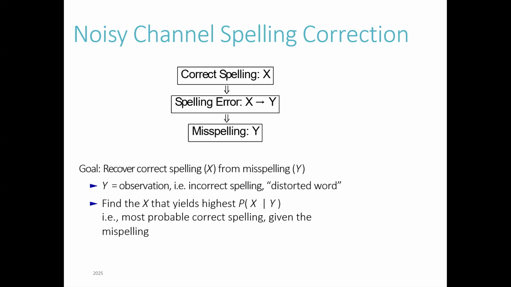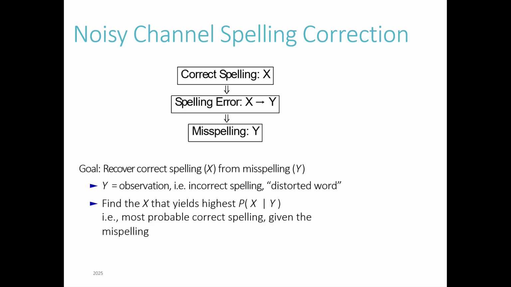Or, working backwards, what is the most probable of all the possible correct words, given that all we can observe is a misspelling? And that's our noisy channel, right? We don't know what the intended spelling is. It could be multiple possible words if you have a lot of words that are only one letter apart. So let's try to figure out not what's the most likely correct spelling, but what's the most likely spelling error.